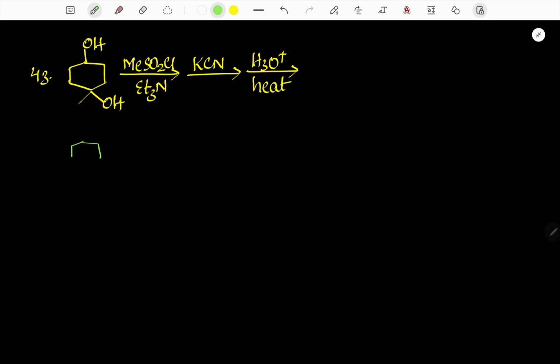The reactant has two functional groups. One is a secondary alcohol functional group, one is a tertiary alcohol functional group. So two same functional groups.